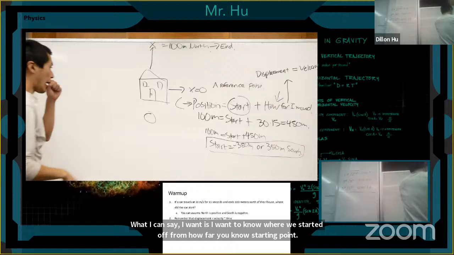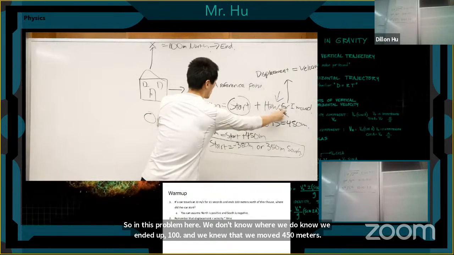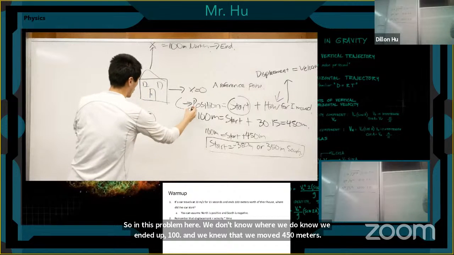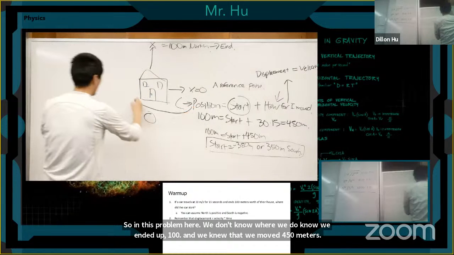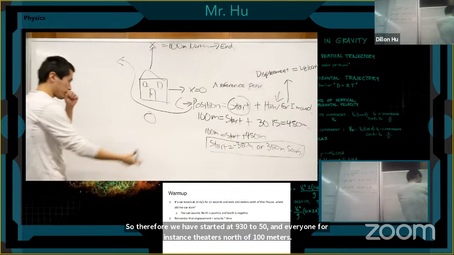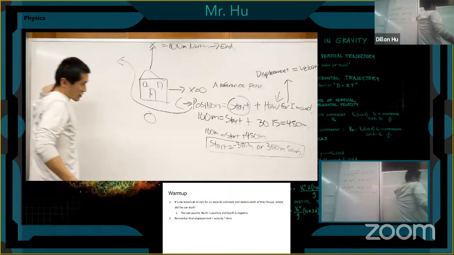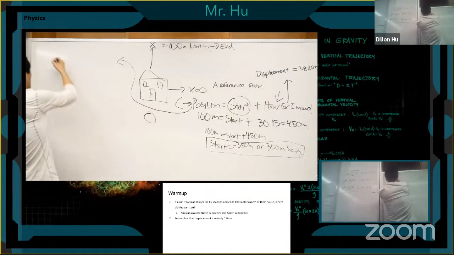Now, I can express this idea, that my position is where I started off plus how far I moved, in an actual equation. This is something you should write down in your notes. So what is my position? In general, I can just say it's my x position.